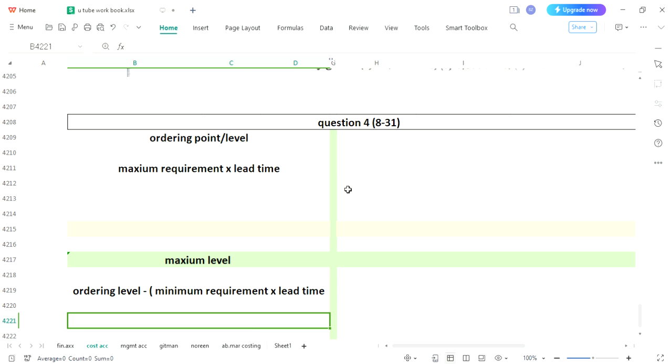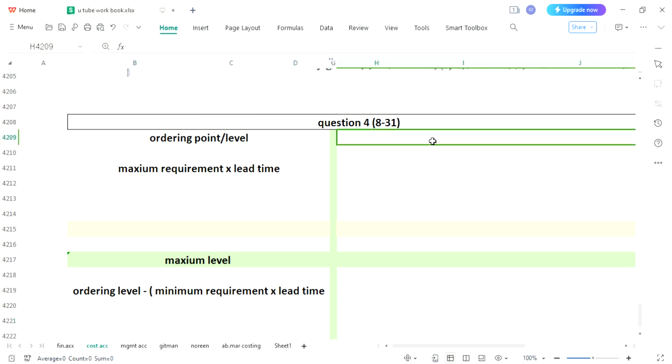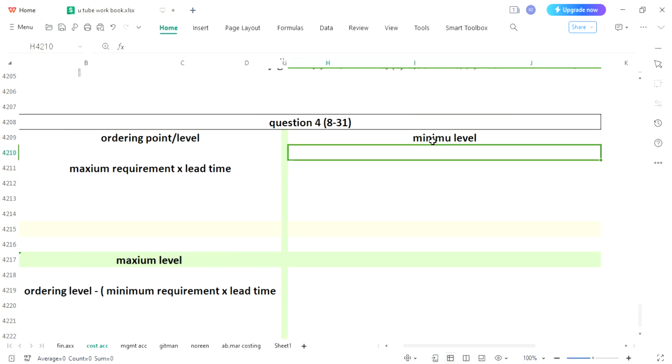Alright guys, then we will see our minimum level, under which we will be calculating the number of units which are required at minimum level.